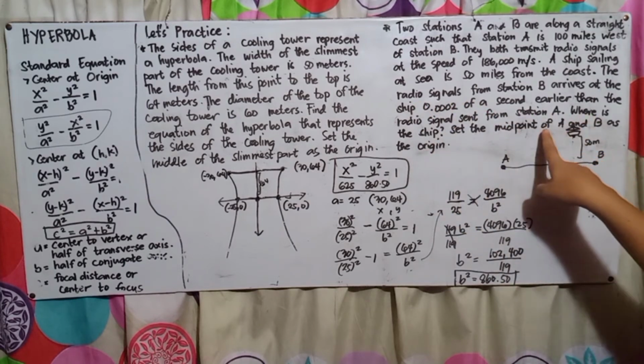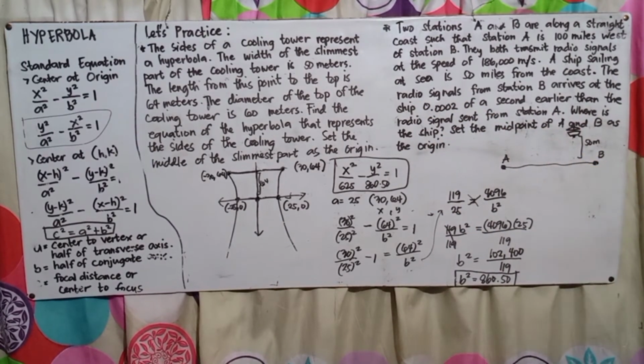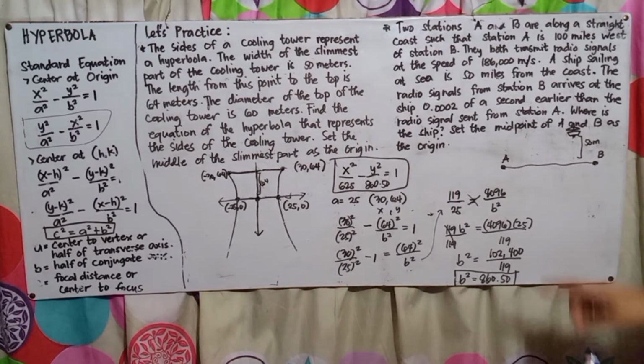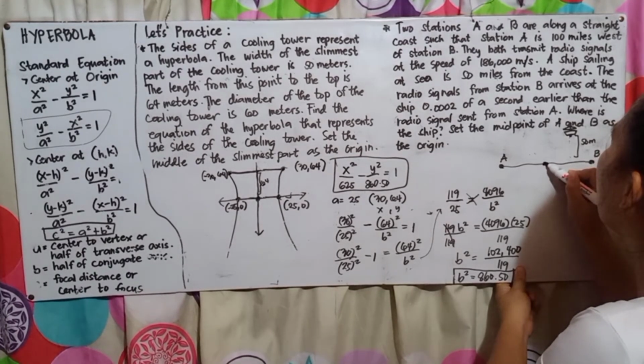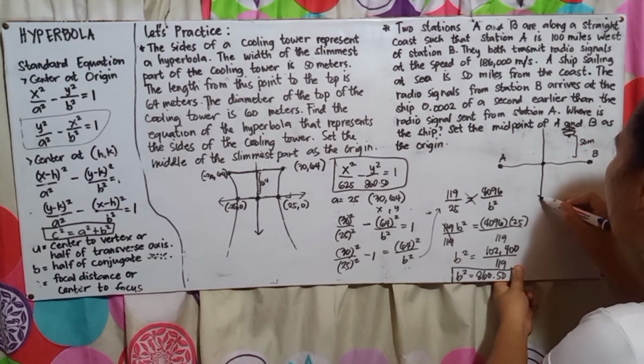Set the midpoint of A and B as the origin. Since A and B are 100 miles apart, the center is the origin.